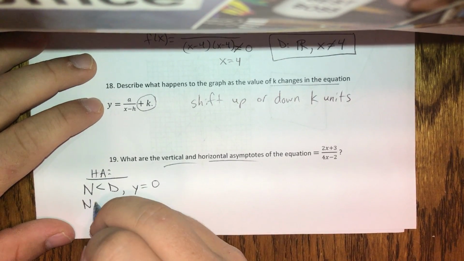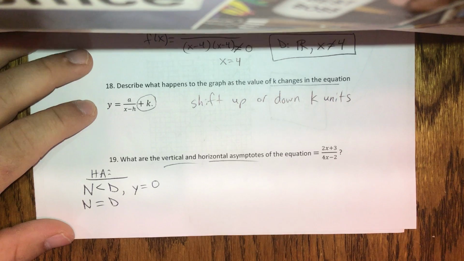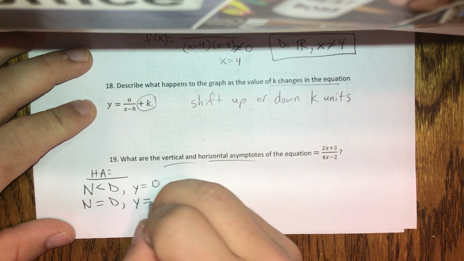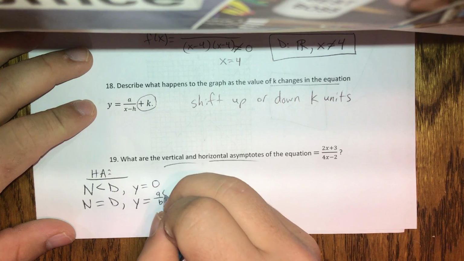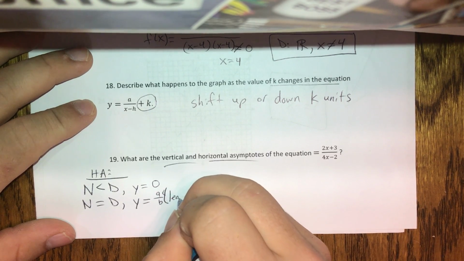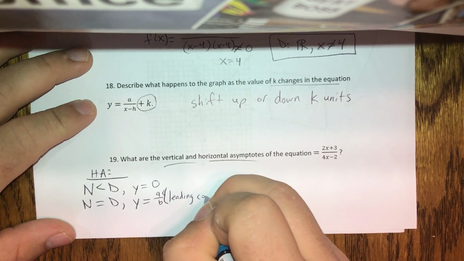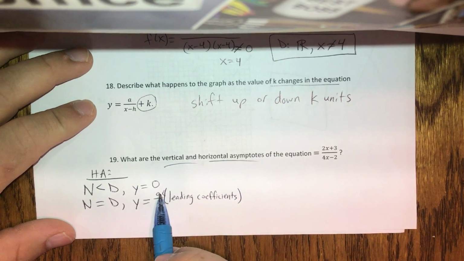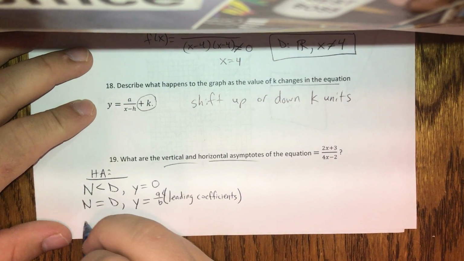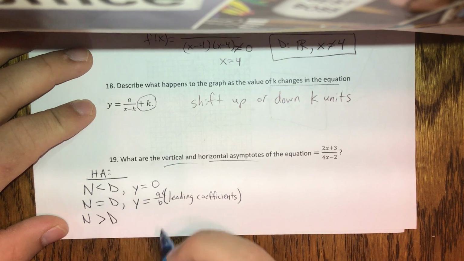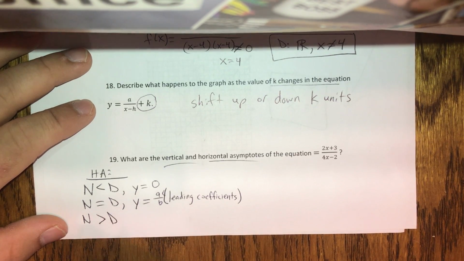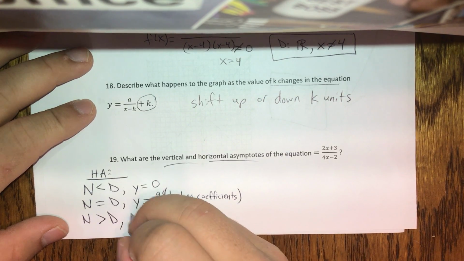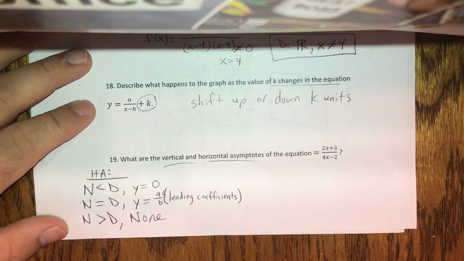If your numerator and your denominator have the same degree, they both have the same highest exponent, your y is equal to a over b, where a and b are the leading coefficients. So it's the leading coefficient on top over the leading coefficient on bottom. And if n is greater than d, if the numerator's degree is greater than the denominator's, then there is no horizontal asymptote.